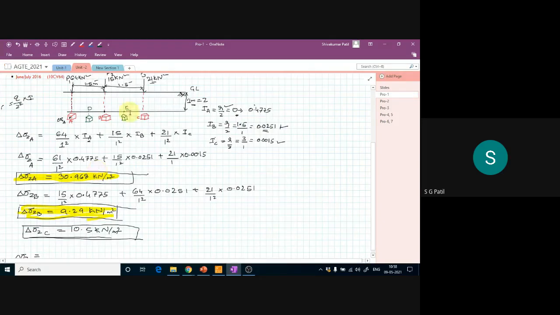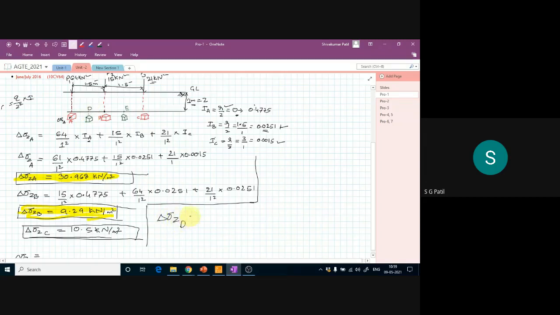So I will try to solve here. Now I have to find out at point D and at point E. First let me calculate delta sigma z at point D.